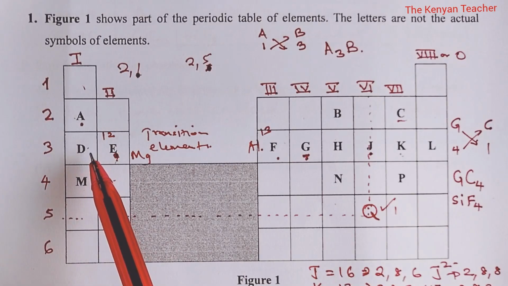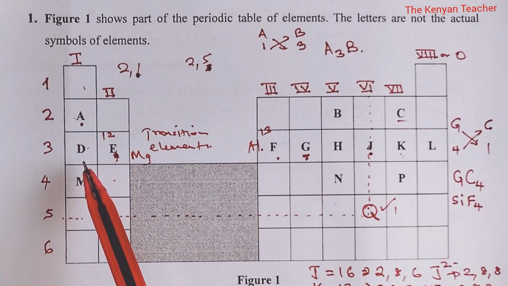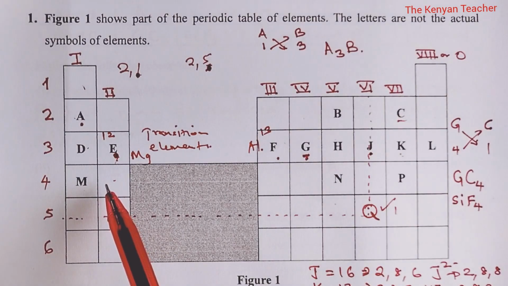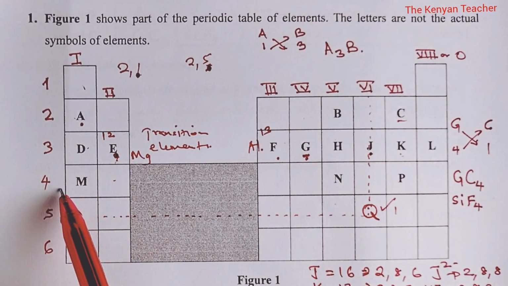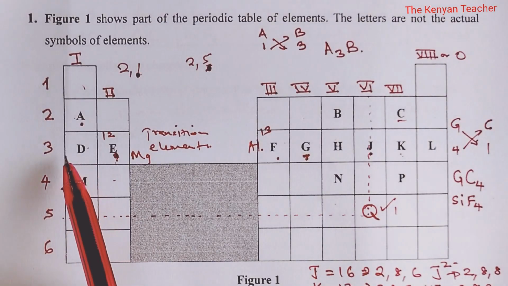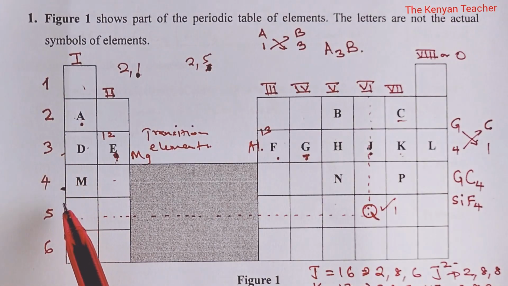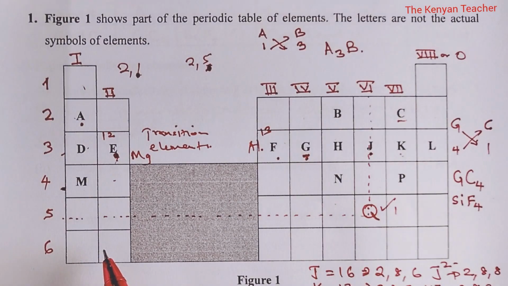They are all in group 1. They are all alkali metals. But we are told that M is a stronger reducing agent than D. So these are metals, and we say generally that metals are strong reducing agents, but M is stronger.